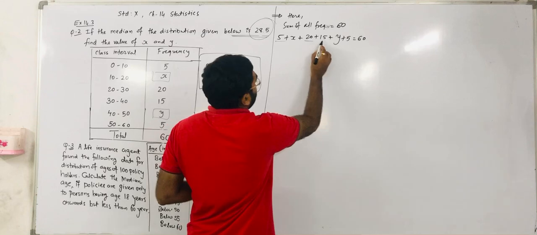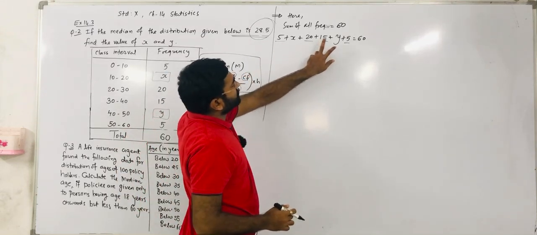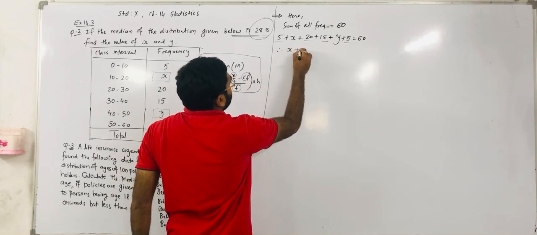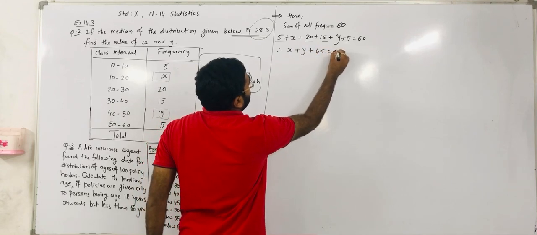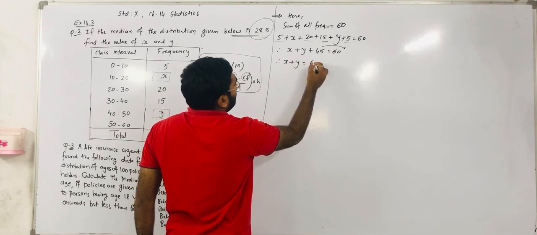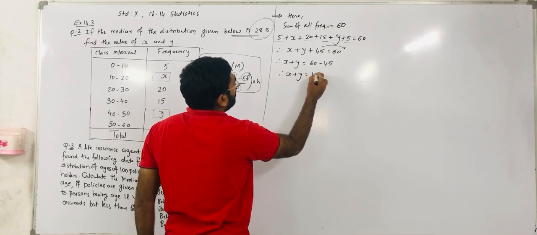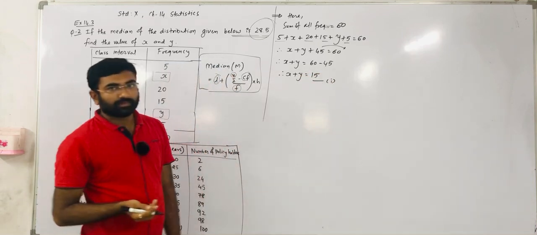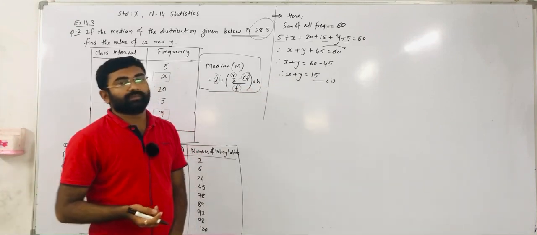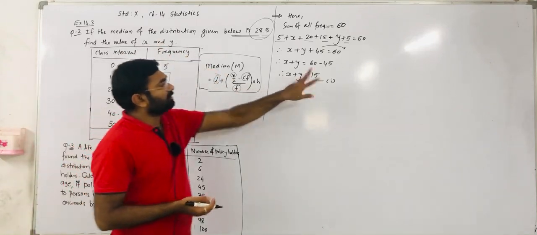Now do the numbers summation. 5 plus 20 is 25, plus 15 means 40, plus 5 means 45. Then x plus y is there. So x plus y plus 45 is equal to 60. Plus 45 goes to the right hand side and becomes minus 45. So 60 minus 45, we get x plus y is equal to 15. Call this equation number 1. From this equation, x plus y is equal to 15, it means the two missing values have a summation of 15.